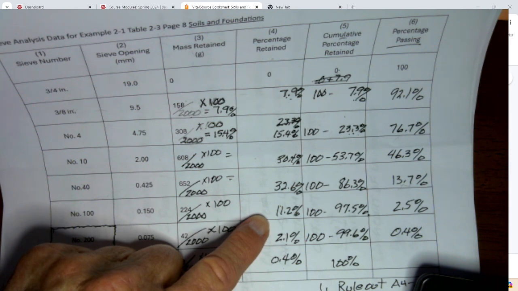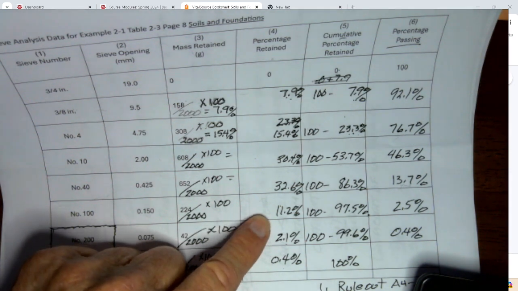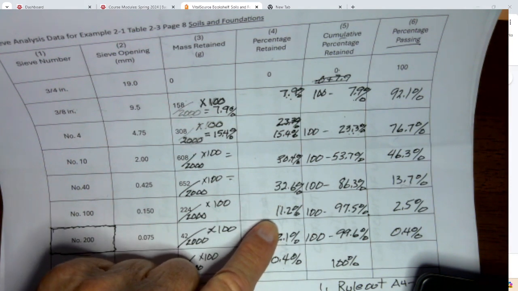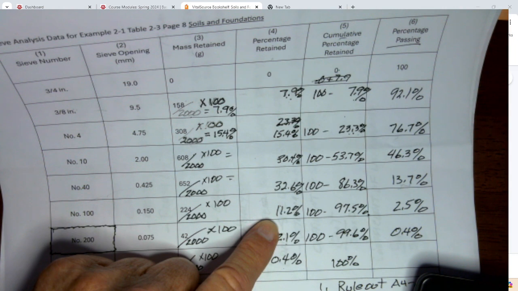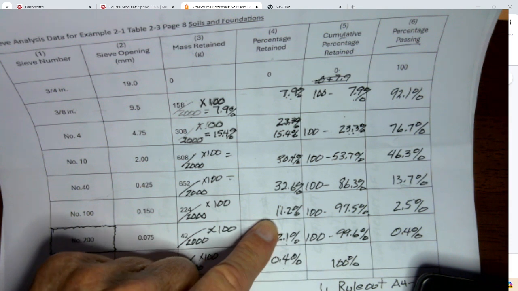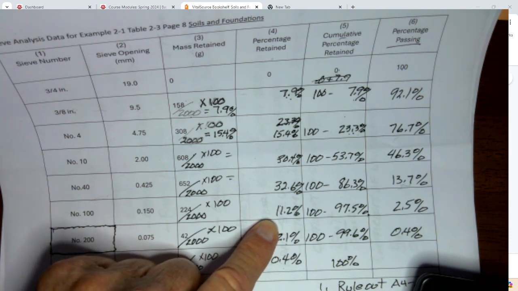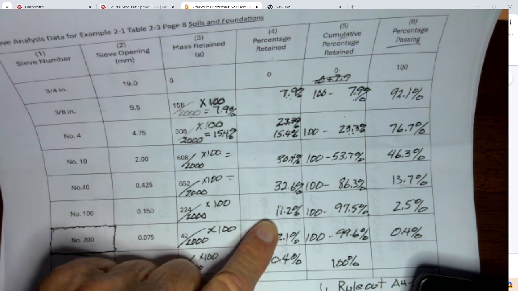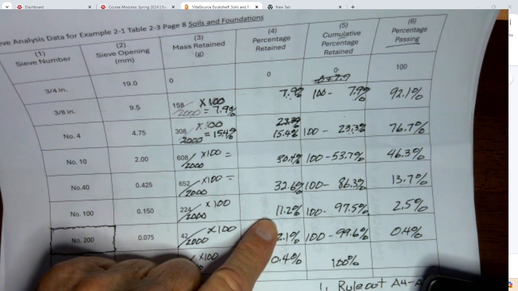Sorry, I've already got the percent right here, so I take 11.2 plus 86.3, and that equals... I've got a distraction going on here, sorry.